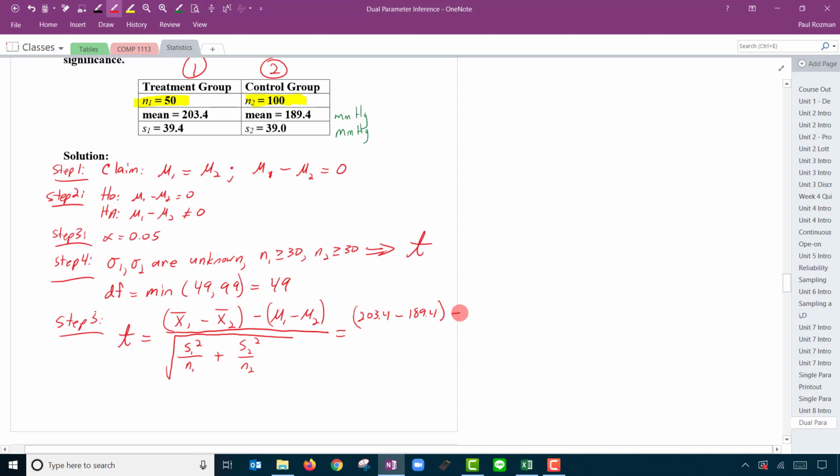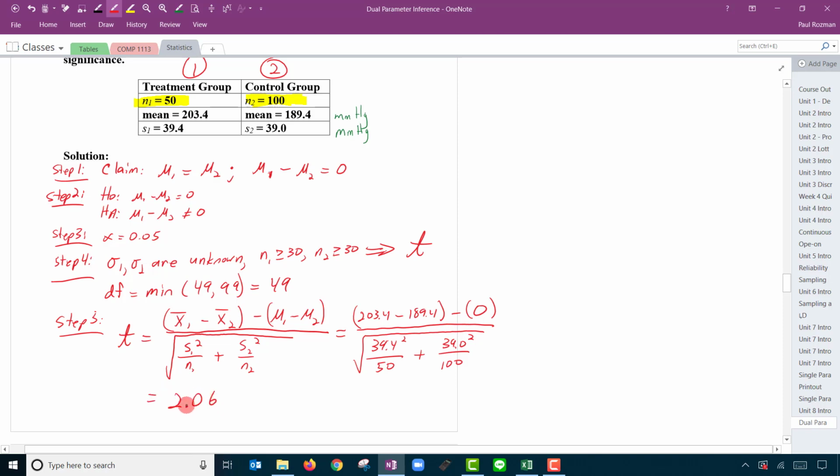I almost didn't write it. I almost got too lazy to write it. S1 is 39.4 squared over 50, and S2 was 39.0 squared over 100. You get a t-score of 2.06.